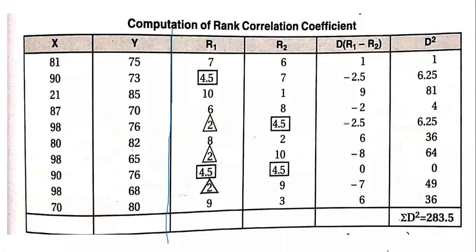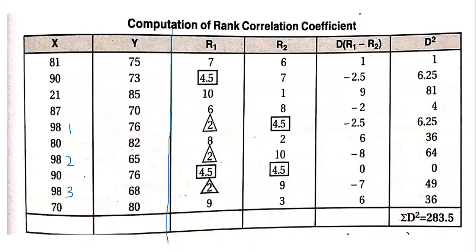Now, let us assign the ranks for this. Starting with 98, we have 98 here, here, and here. So we'll take this as first rank. One 98 is first rank, one more 98 is second rank, one more 98 is third rank.